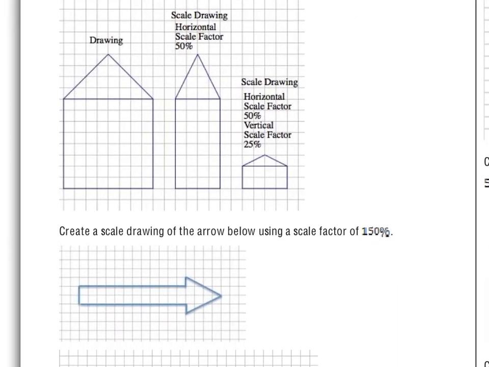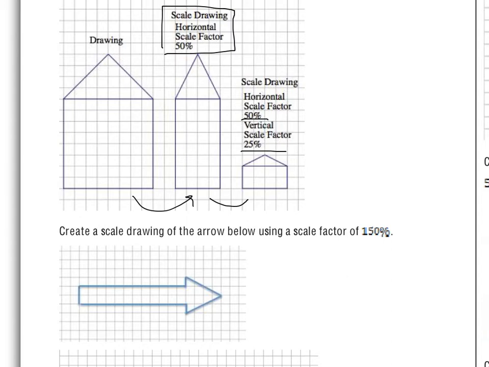So we move from our first drawing to our second drawing, and it explains to us that it's only given a horizontal scale factor of 50%. So we can see that horizontally it is squeezed together, and the next one we're told has the scale factor of 50% but also has the vertical scale factor, and so we can see that it is also squeezed vertically as well. But it doesn't look like it's quite in proportion to the way it used to be.